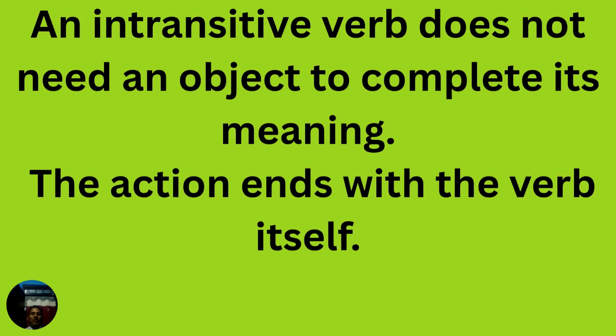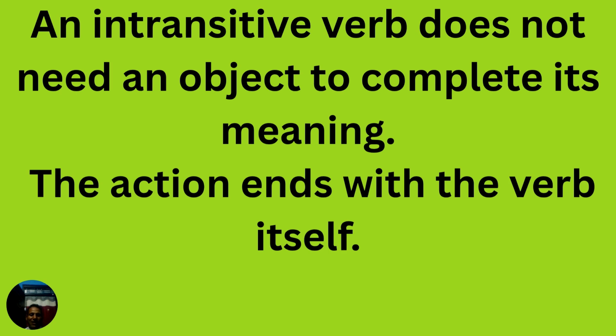After transitive verb, we are going to deal with intransitive verb. It is very simple that transitive verb takes an object whereas intransitive verb does not take object. It does not need an object to complete its meaning.